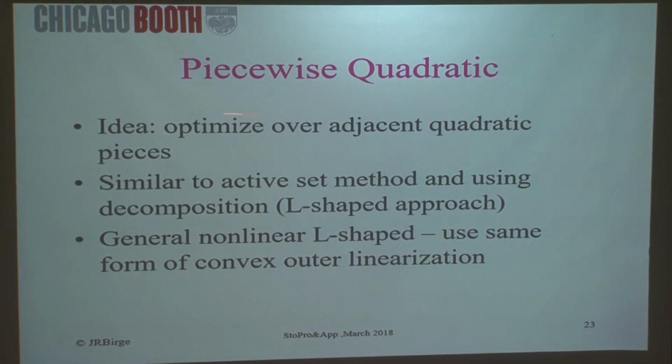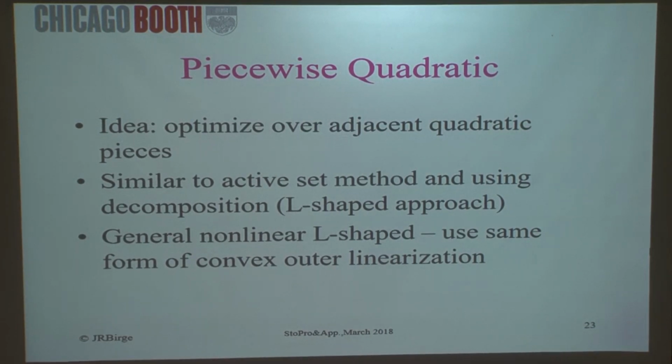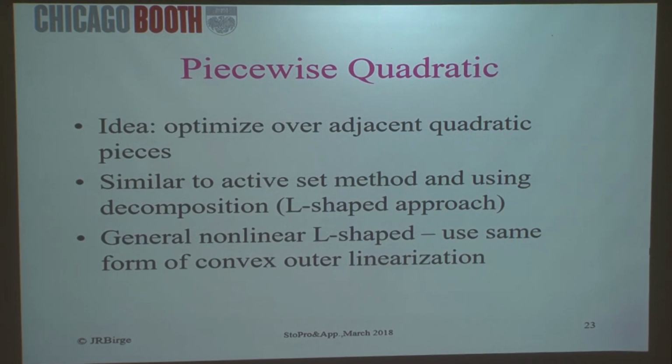So we could apply this over piecewise quadratic programs and use the same sort of method. Basically that method works for any convex problem. You keep on just putting in these cuts. And you can do it particularly efficiently for quadratic programs. I think that's the bottom line from this.